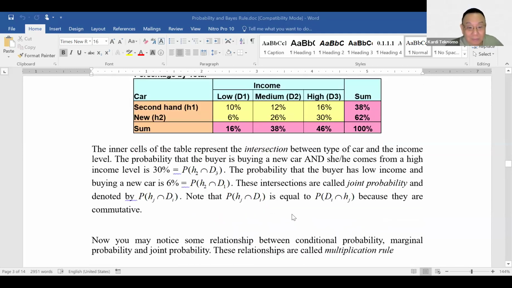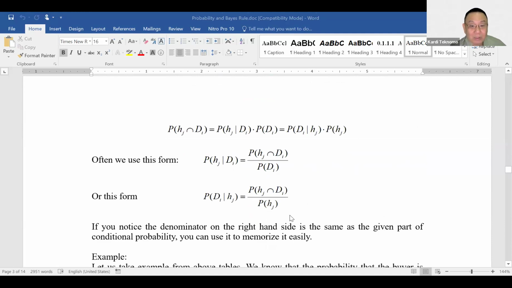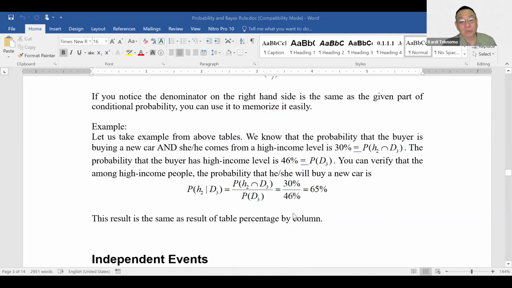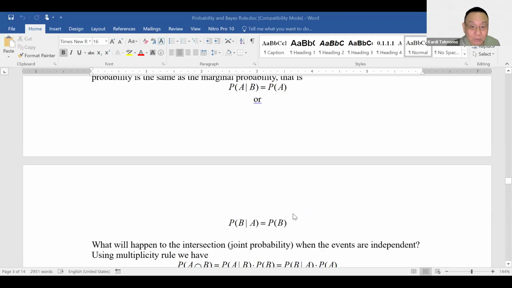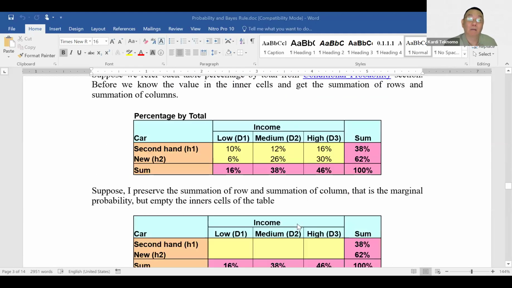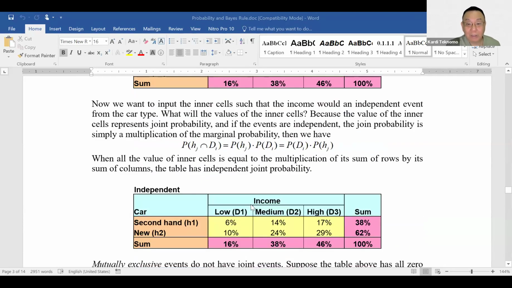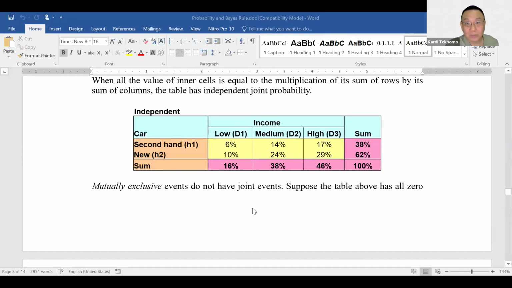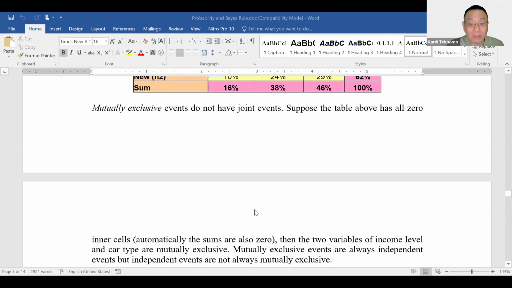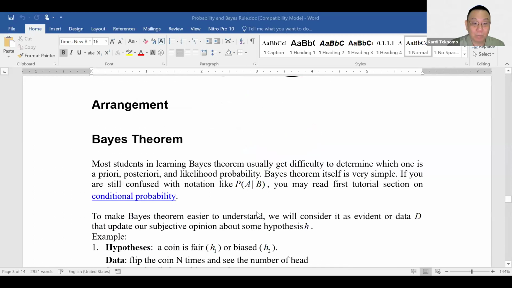Then you can apply Bayes' theorem to check this. Given the percentage by total and the percentage by row, you can get back the percentage by column, and vice versa.